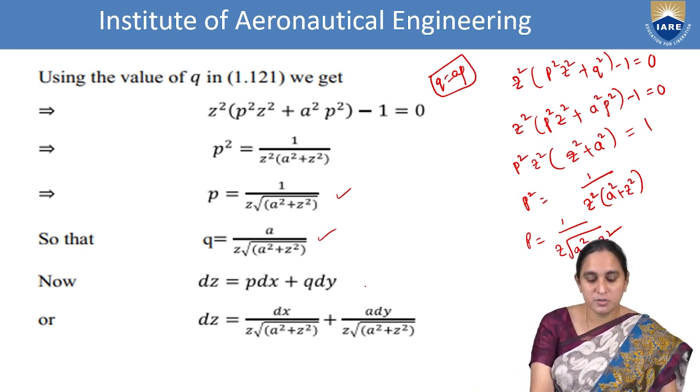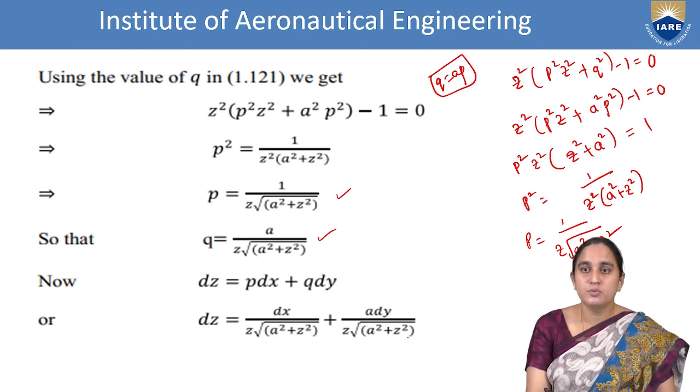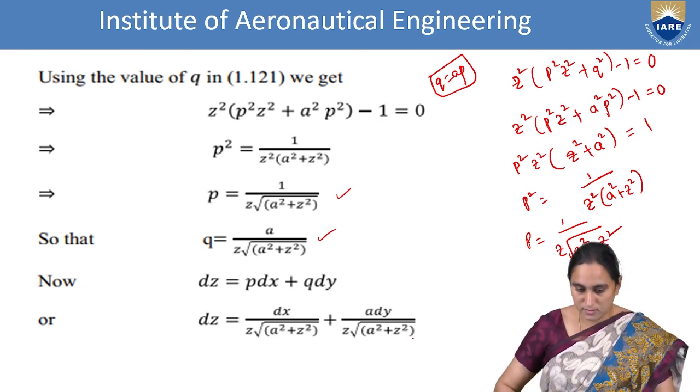Now the general solution, or complete integral, dz is equal to p dx plus q dy form. Now substitute p as 1 by z into root a square plus z square, plus dy times q as a by z into root a square plus z square.